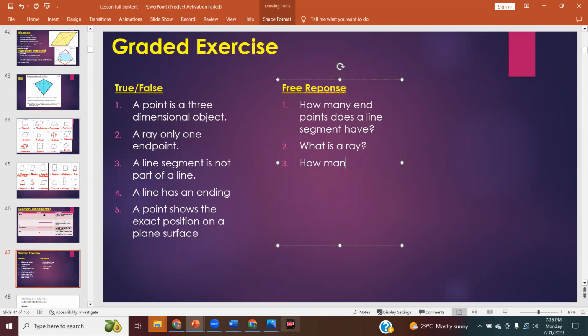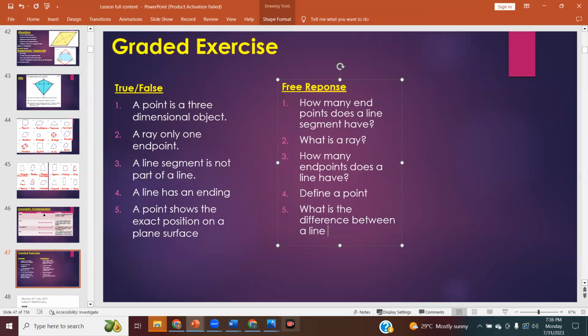How many endpoints? Please write down the questions as well as the answers. How many endpoints does a line have? Define a point. What is the difference between a line and a line segment?